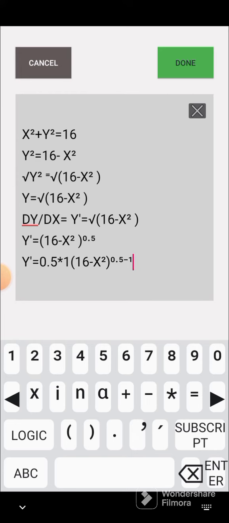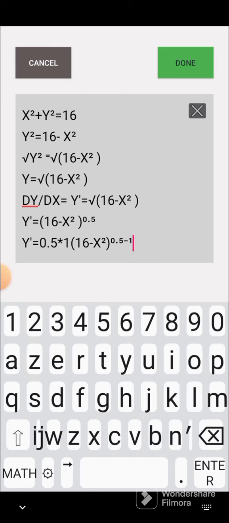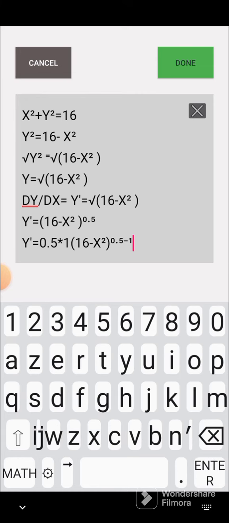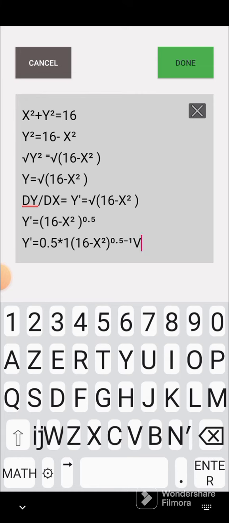Then we multiply the whole of the equation by the differentiation of the x. So this means we are done with the differentiation of the bracket.